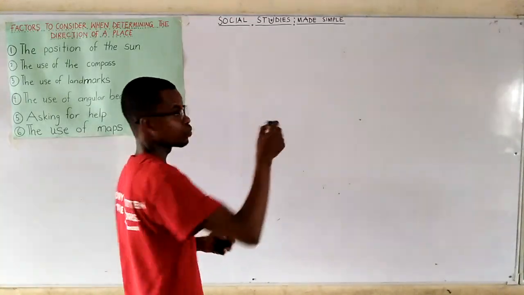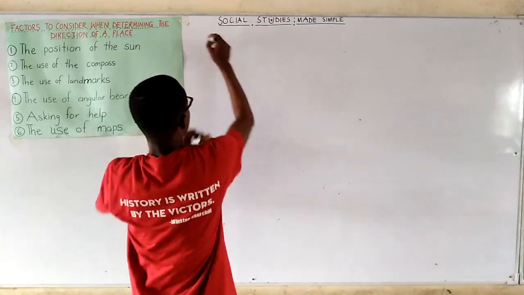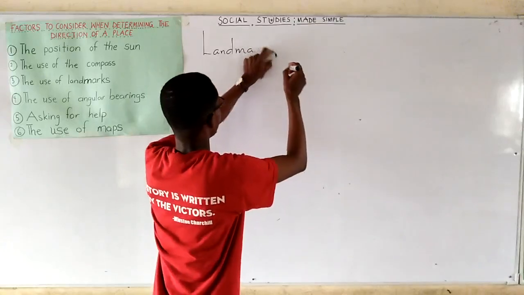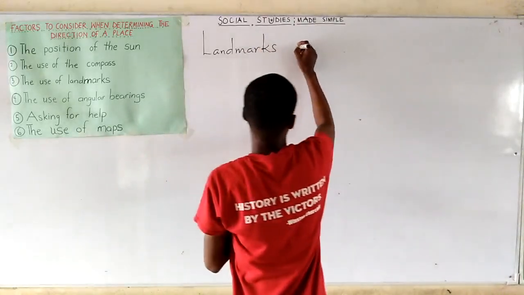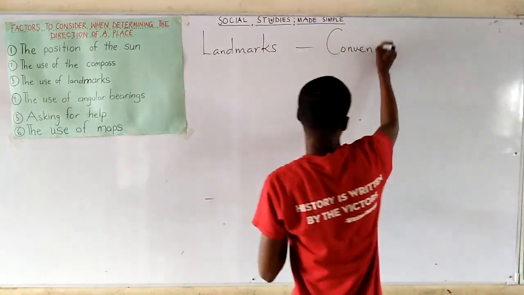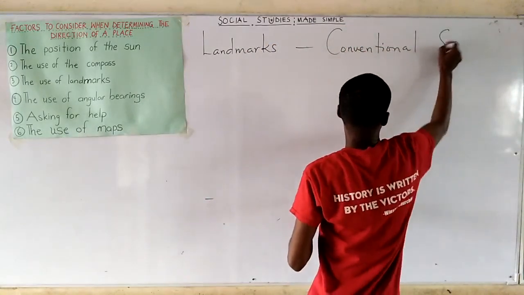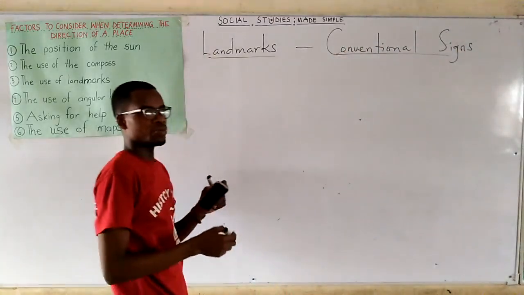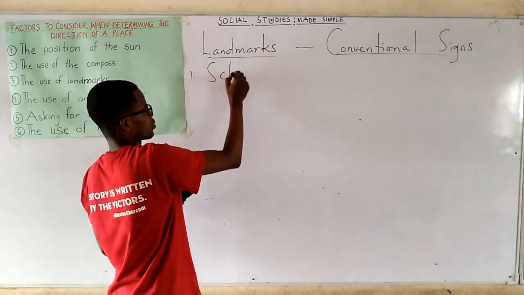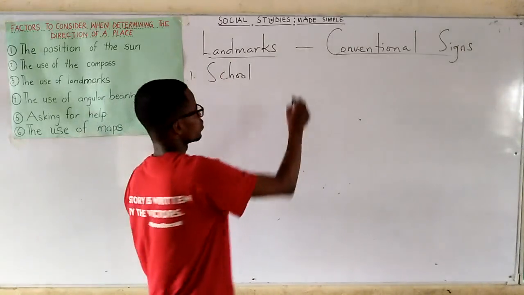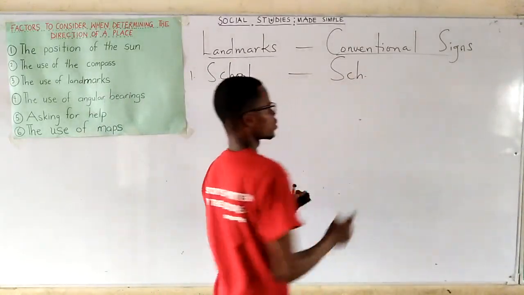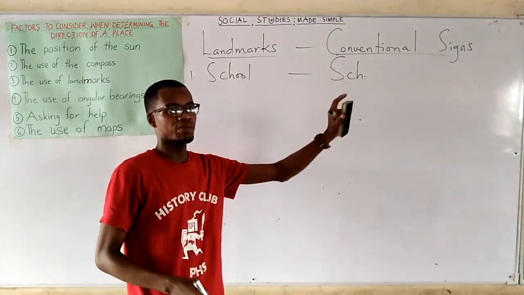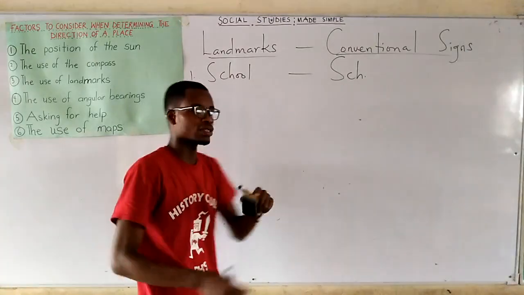Okay, now with school. Pick a landmark. If it is a school, you'll see this on the map. So anywhere you find a symbol, a sign like this on the map, or an inscription like this, it means there's a school in that location.